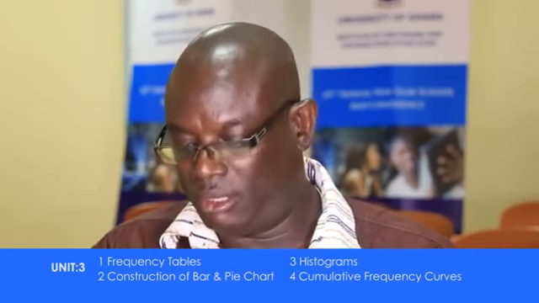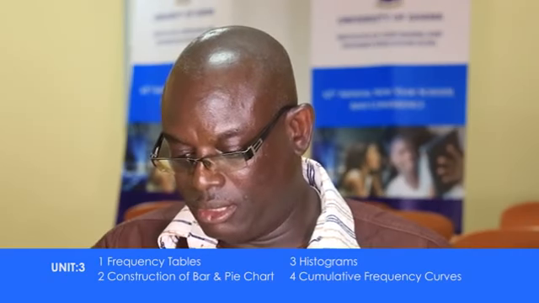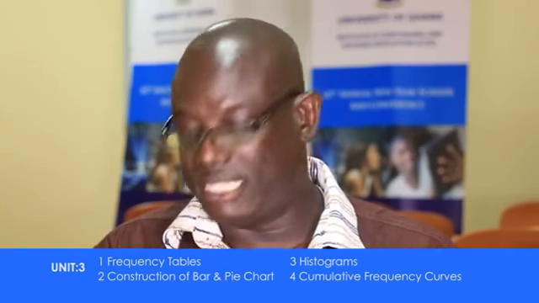Unit 4, you would be tested on how to build frequency tables, stem and leaf displays, and other graphical outputs. You should know how to construct simple bar chart, pie chart, multiple as well as composite bar charts.